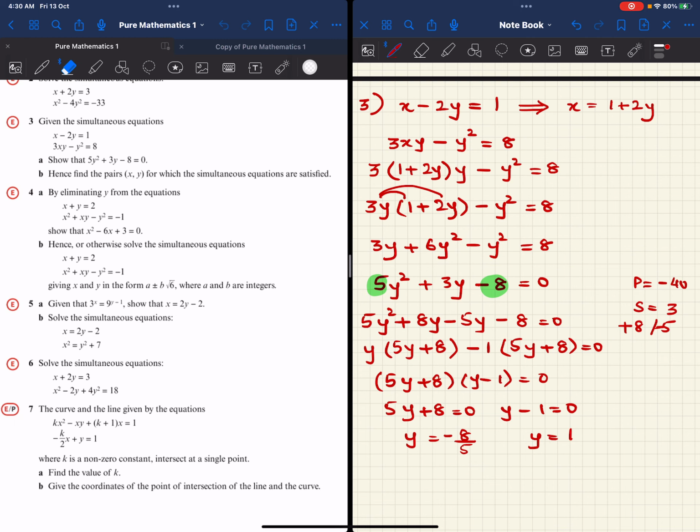We can write minus 8 by 5 in terms of a decimal, that is equal to negative 1.6. So we got our two y values and hence we can find our two x values. We have our equation for x. x is equal to 1 plus 2y.